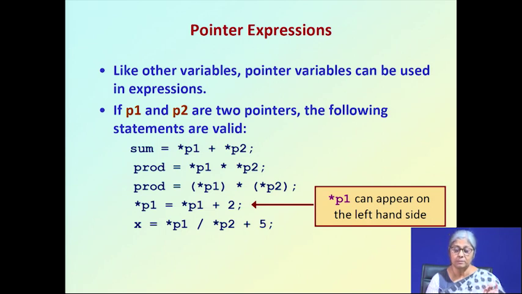Which variable? The one P1 is pointing to. That value will always be incremented by 2. So, we can do addition, multiplication, division, this type of arithmetic operation with pointer expressions.